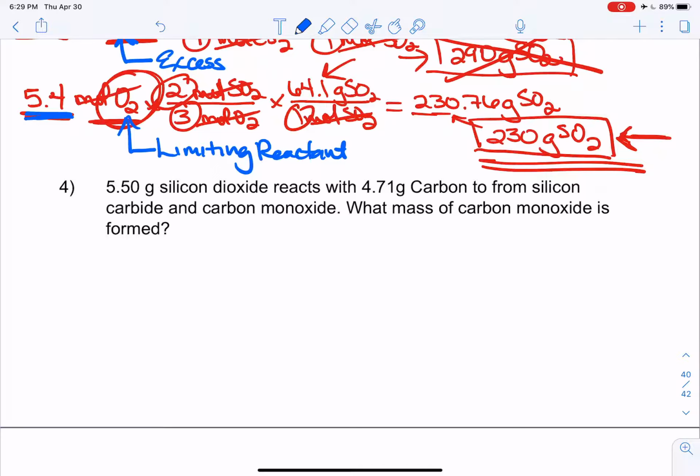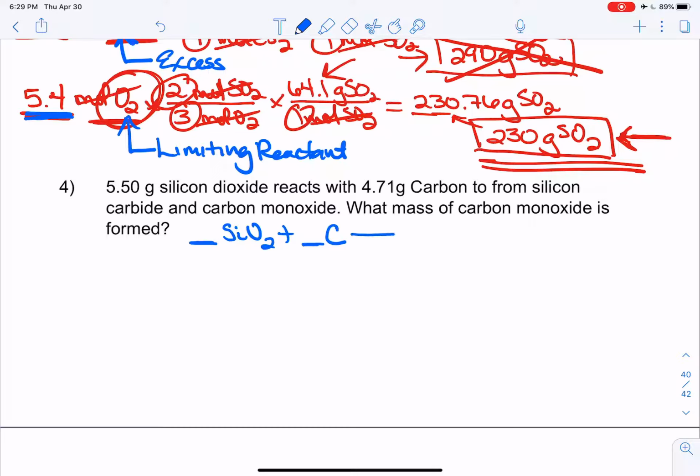Write the balanced equation. All right, so silicon dioxide, what we're going to have there is SiO2. I hope that wasn't a bad one for you guys. And that's going to react with carbon. Not carbon with something else, just carbon. And that's okay. Carbon can be reacting on its own.